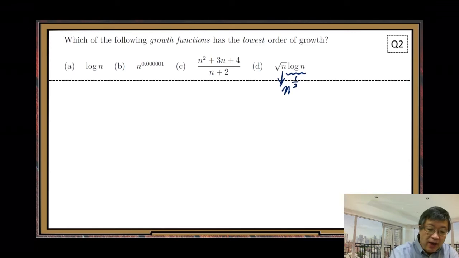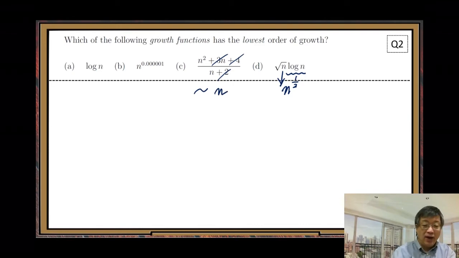Then for this part, the numerator and denominator, can we only look at the leading terms? For the numerator, we just use the leading term. For the denominator, we also use the leading term.